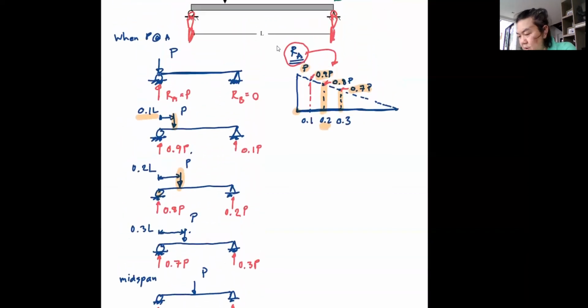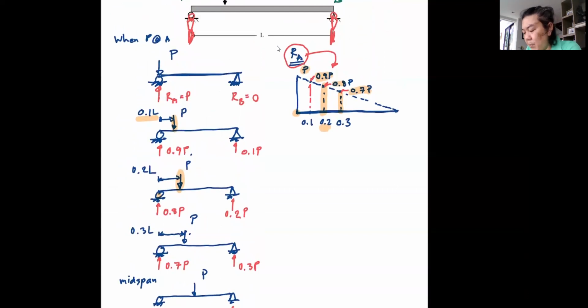See, the values of the reaction at A are plotted in the y direction along with the location of the load. This is what we call the influence line of RA, the influence line of the reaction at A.